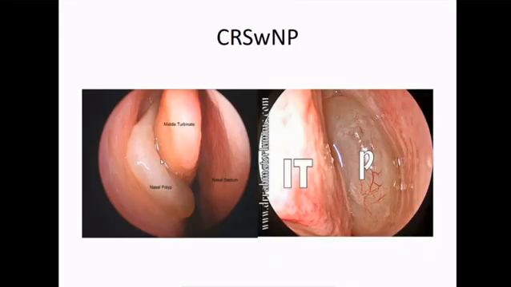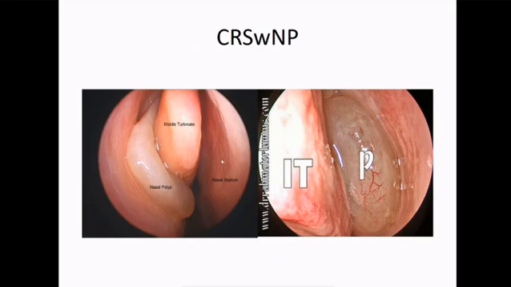Okay, like this, you can see polyps in the right nose, septum here, middle turbinate, middle meatus. You can see polyps coming from the middle meatus region. Or you can see inferior turbinates here, polyps. You cannot see the middle turbinate because of huge polyps here.